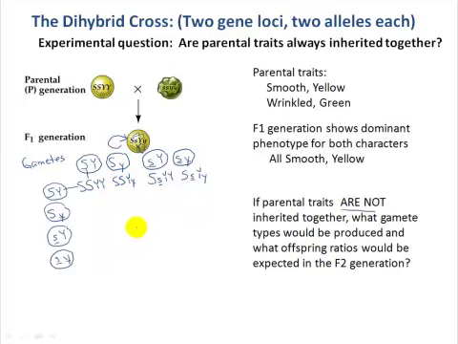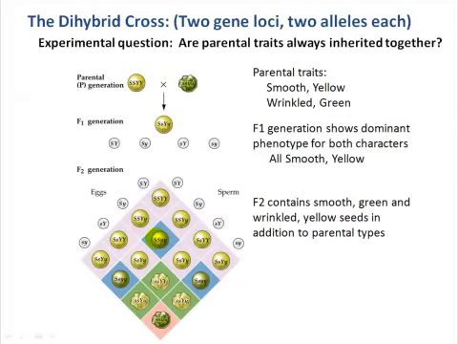And so if we go across and we complete all of these rows, then what we would see is a Punnett square with 16 combinations of genotypes from our gametes, sperm and egg, coming from those F1 plants that each produced 4 gamete types, and we get this grid of 16 possible combinations here. So that's what we would expect if these traits, smooth and yellow, green and wrinkled, don't assort together across the generations.